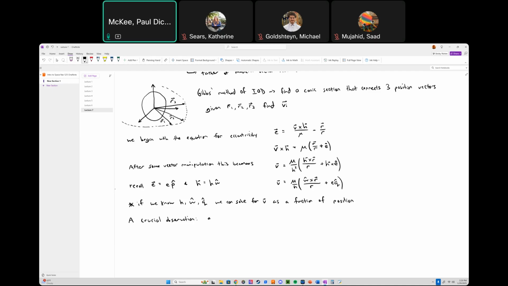All position vectors are coplanar. So therefore, any one is a linear combination of the other two.